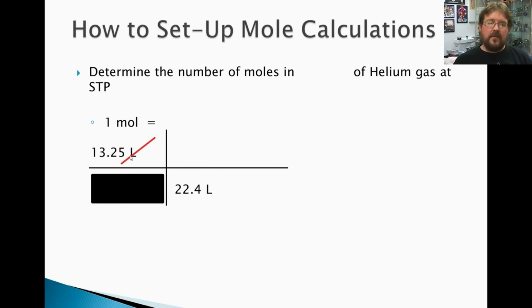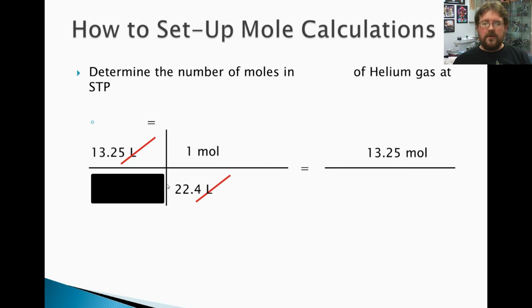And then we do that because that crosses those off and mole can go here. All right, remember, we've been doing this for a while now, okay? We said equals, multiply across the top, 13.25 moles over, what's on the bottom? 22.4. Divide, 0.592 moles. There's your answer.